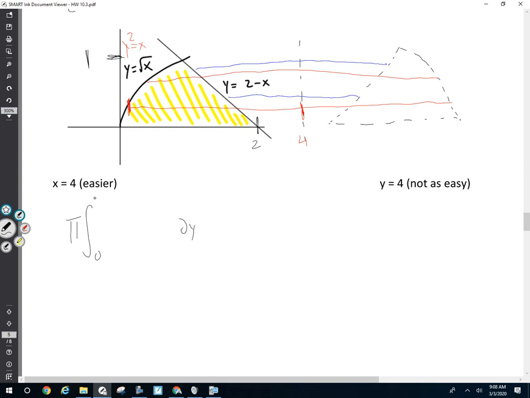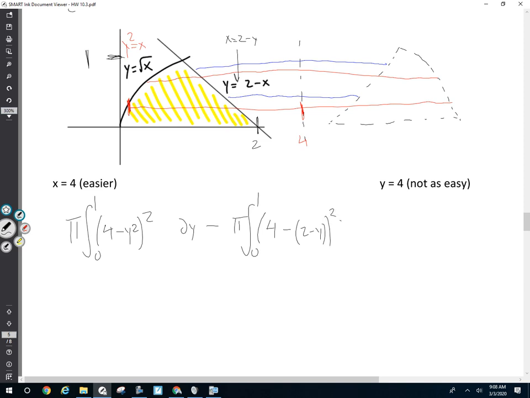So from 0 to 1, the red cylinders are 4 minus y squared, and I'll subtract the blue cylinders, 0 to 1. That'll be 4 minus, solve for x, this is x equals 2 minus y. It's the same thing.